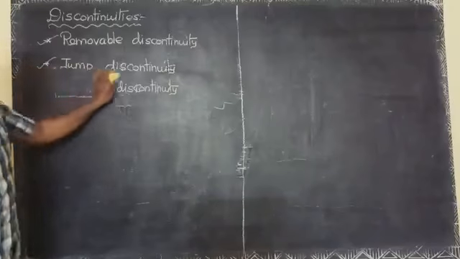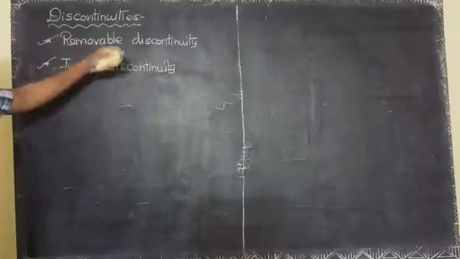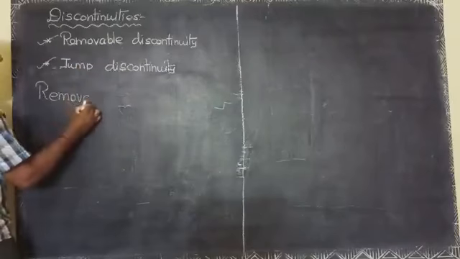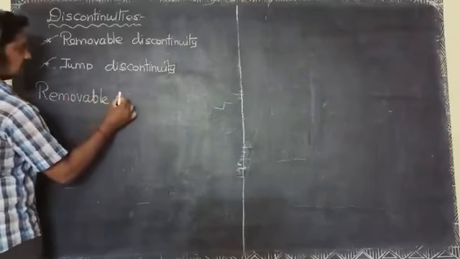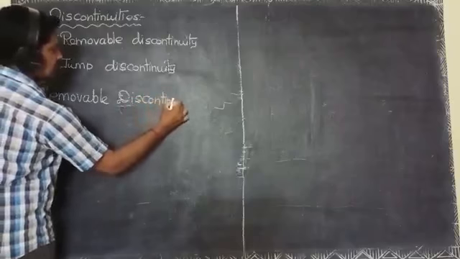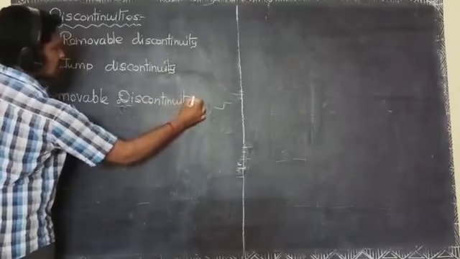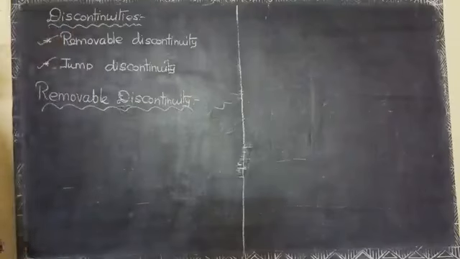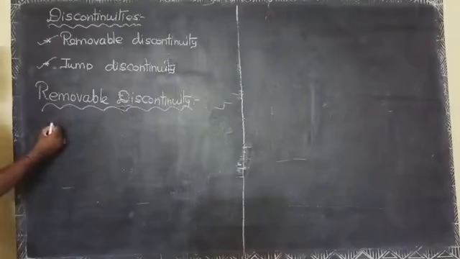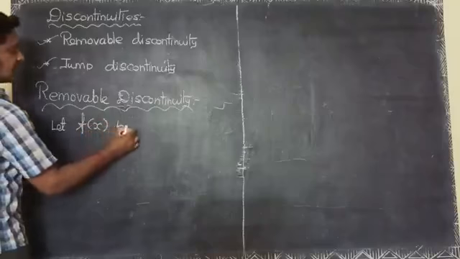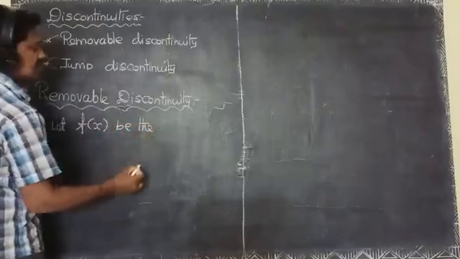Okay, now discuss removable discontinuity. Removable discontinuity means, let f of x be the function.